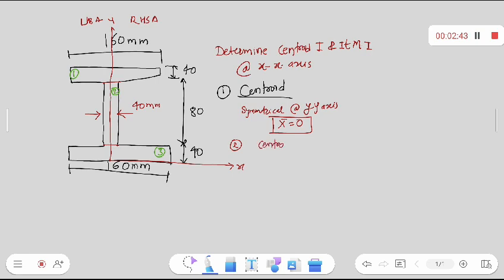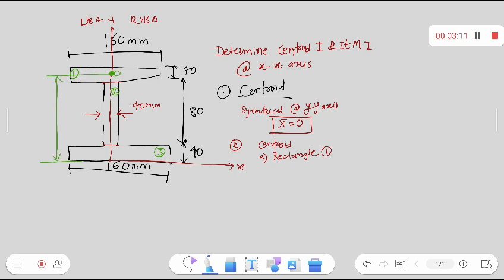So here I am considering rectangle 1 for the second step, the centroid for the individual shape. Now take the centroidal distance. Here x is 0. But what is y? We measure from the reference axis up to the centroid.